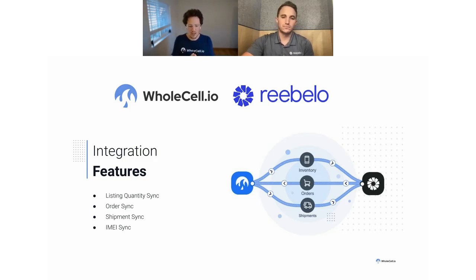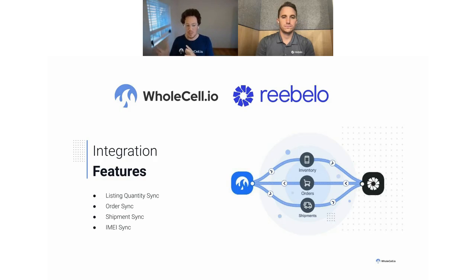So this integration that we have with Reebelo, similar to our other e-commerce integrations, syncs listings. The listings that you have on Reebelo, Wholesale is constantly updating the quantities of those listings to prevent you from overselling on Reebelo or any other channels that you've got listings on. So it's constantly updating those every 10 to 20 minutes.